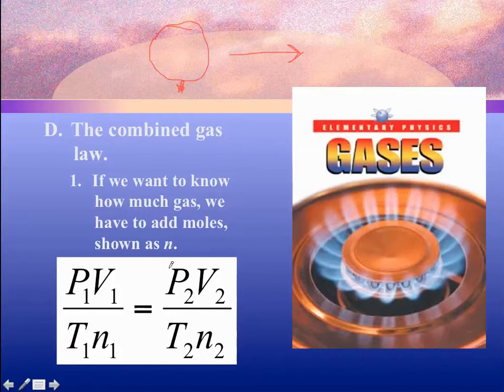Well, it's proportional to P2 over T2. So you just use what you have changed and what you know from each of these equations. Everything else you can get rid of. We'll go through some examples later, so hopefully that makes more sense later. But this combined gas law really is the only one you need.